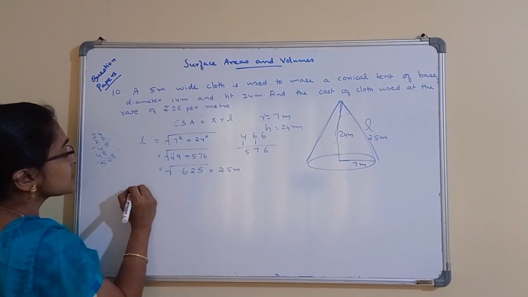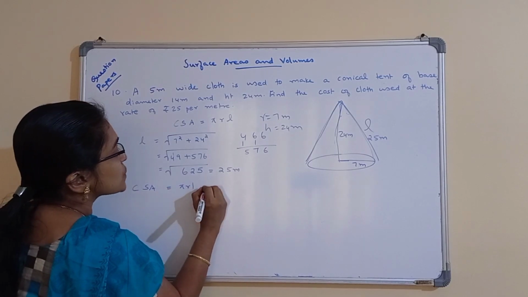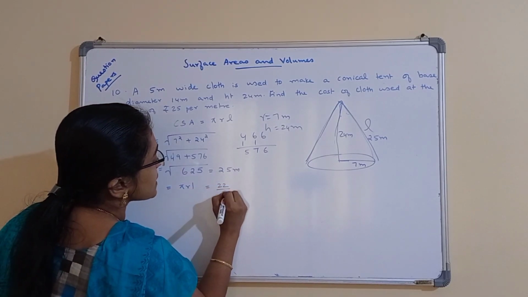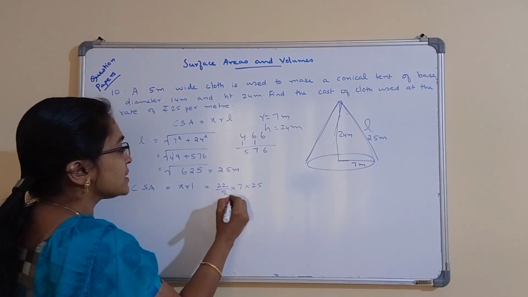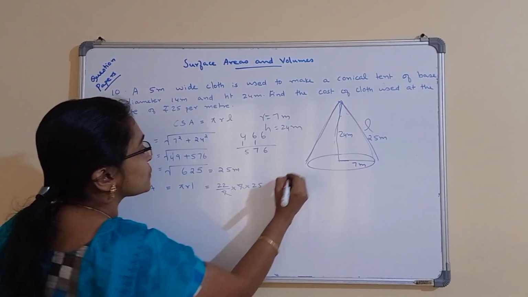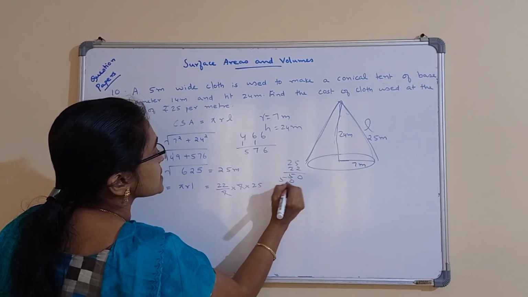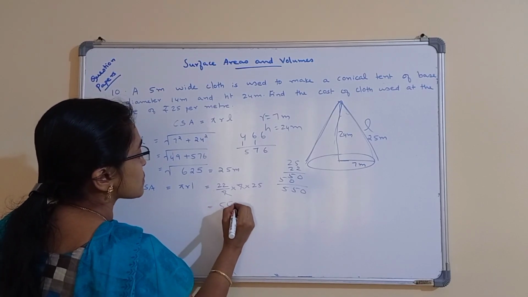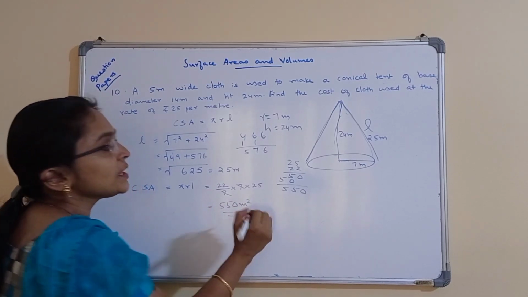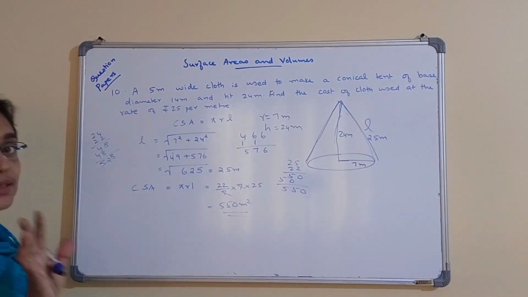Now curved surface area is equal to pi r L, which is equal to 22 by 7 into 7 into 25. So 7 and 7 will get cancelled and 25 into 22 is 550. So this is equal to 550 meter square.